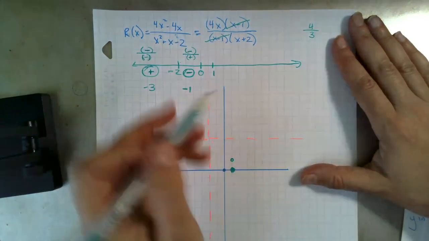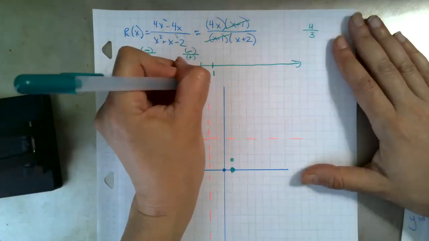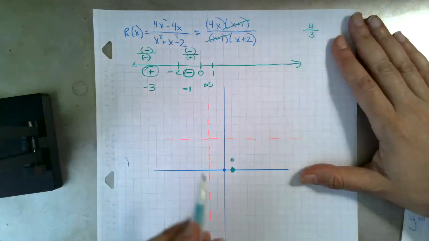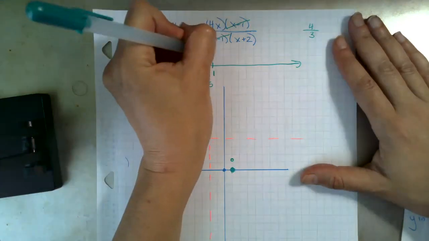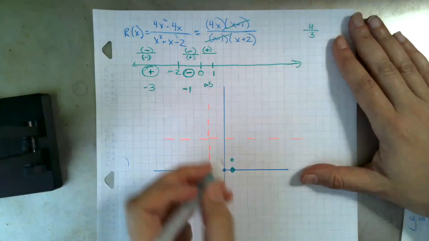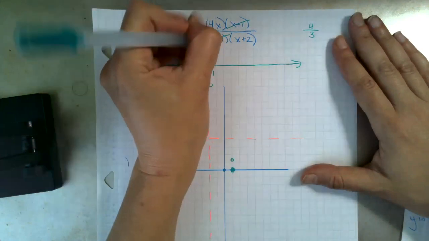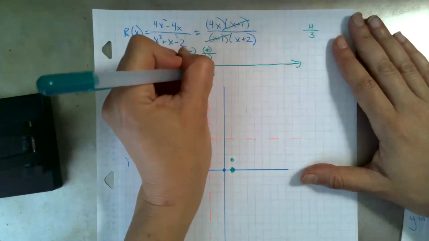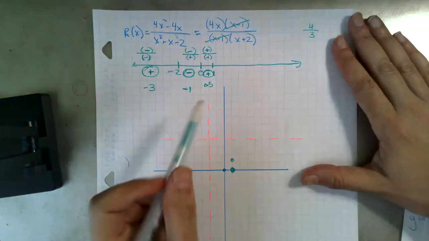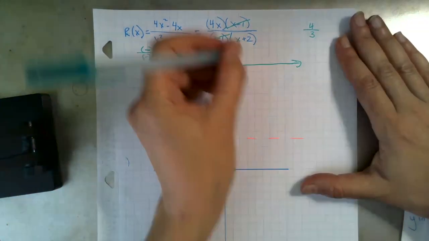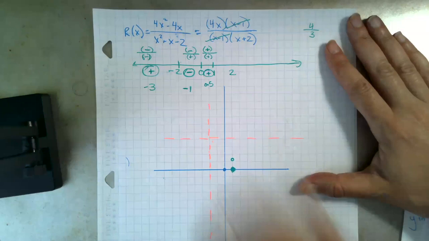In our 0 to 1 range, let's try 0.5. 0.5 times 4, that's going to be a positive. 0.5 plus 2, that's also going to be a positive. A positive over a positive is a positive. And then finally, in the 1 off to infinity range, let's go ahead and try 2.